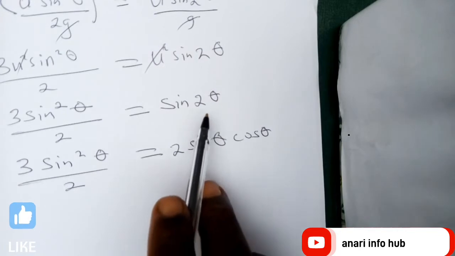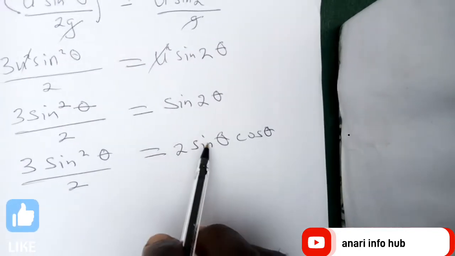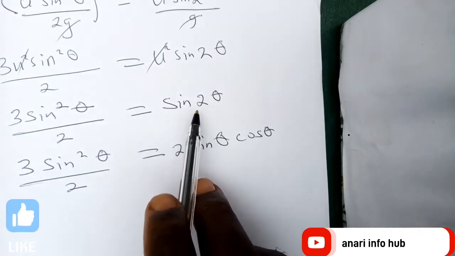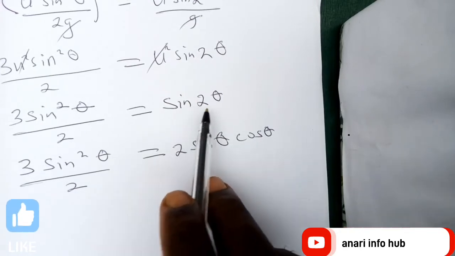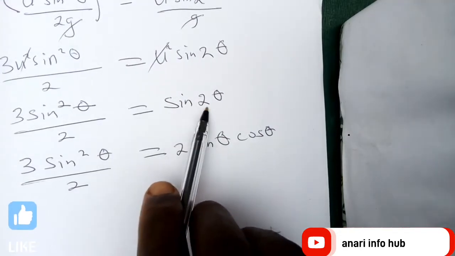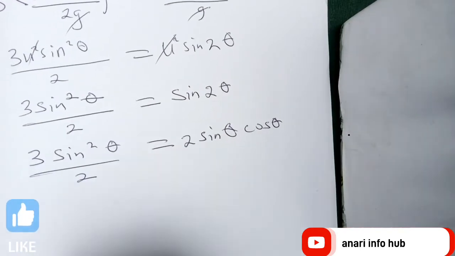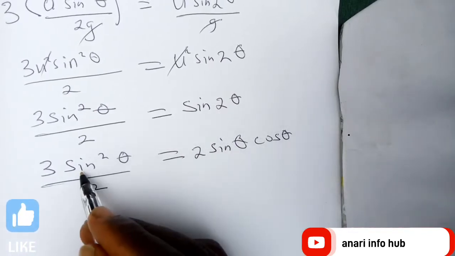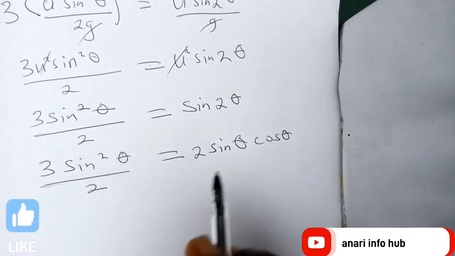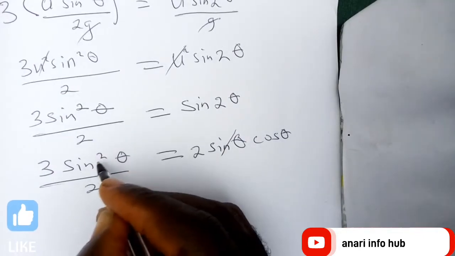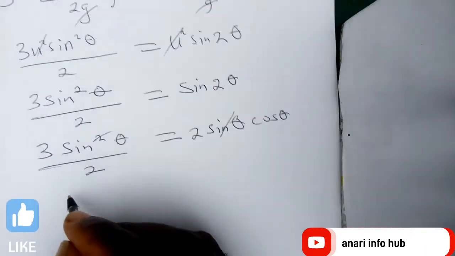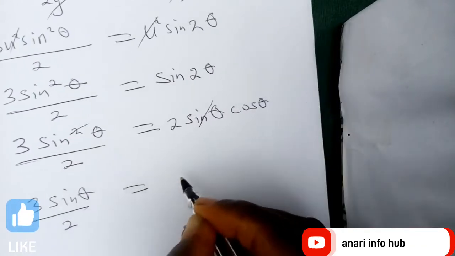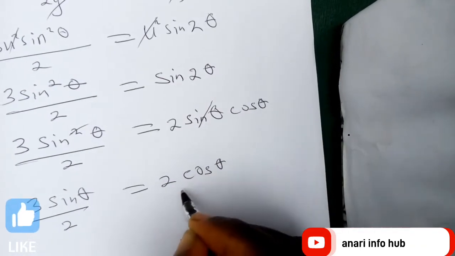This is from trig identities. If you find this difficult, go and refer to your trigonometric identities in your mathematics. Sine 2 theta is the same as 2 sine theta cos theta. From here, sine squared theta over 2 sine theta leaves sine theta over 2 on the left. So we have 3 sine theta over 2 equals 2 cos theta over 1.